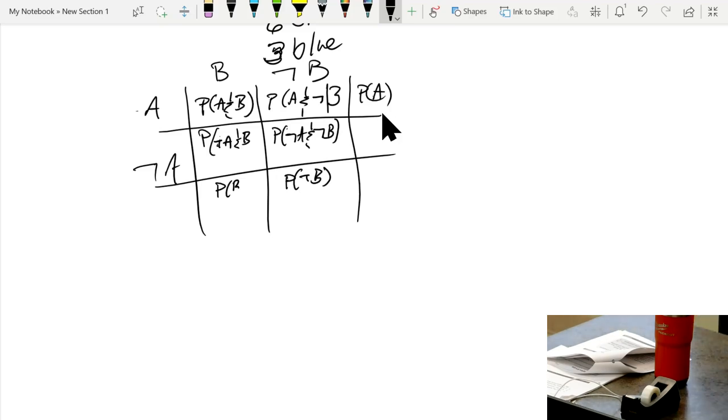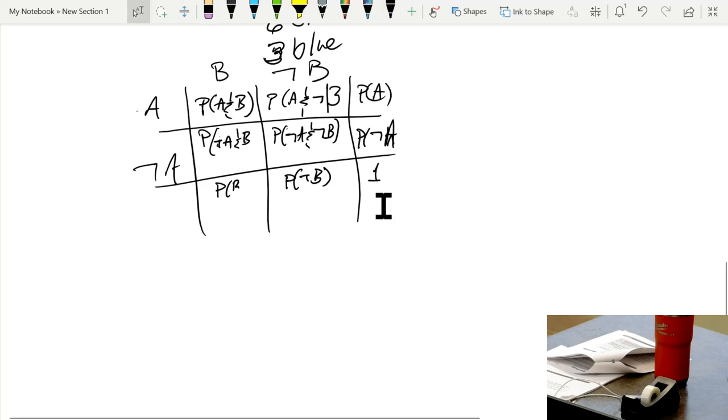I get the probability of A itself, probability of not A, and this is 1.